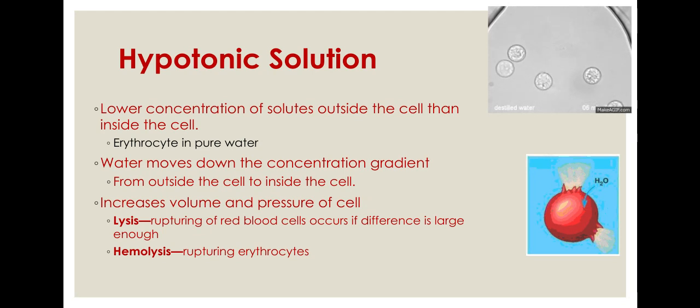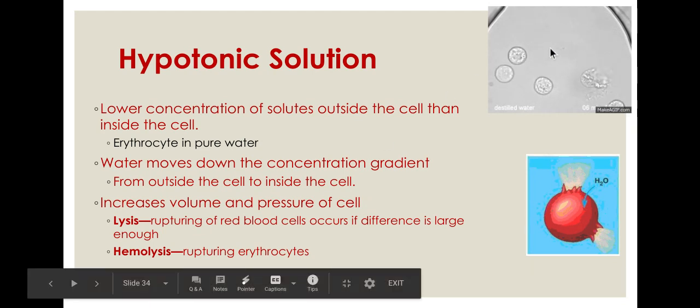Because of that, water moves down its concentration gradient from outside the cell to inside the cell. It increases the pressure inside of the cell and causes lysis, causes it to break. Specifically in red blood cells, we call it hemolysis. And that's what's happening here.